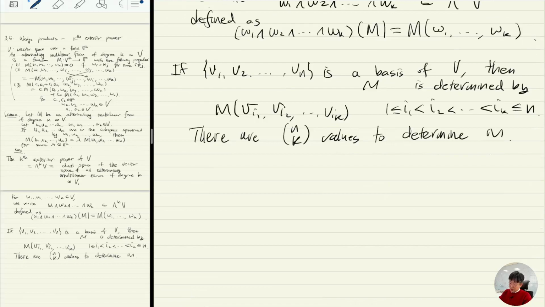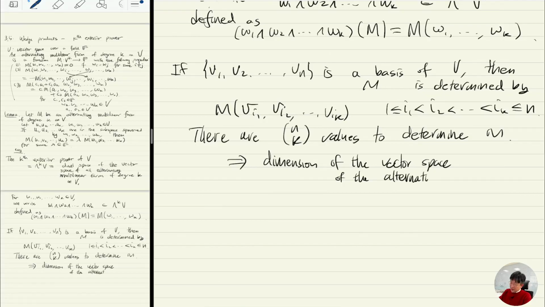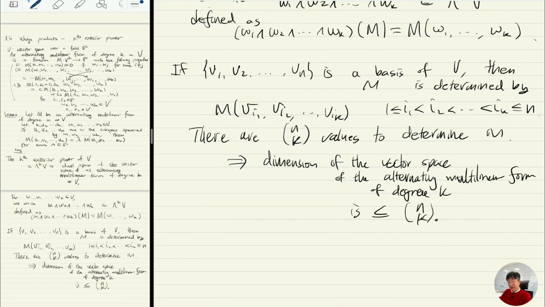So the dimension of the vector space of alternating multilinear forms of degree k: we need only determine n choose k distinct values.